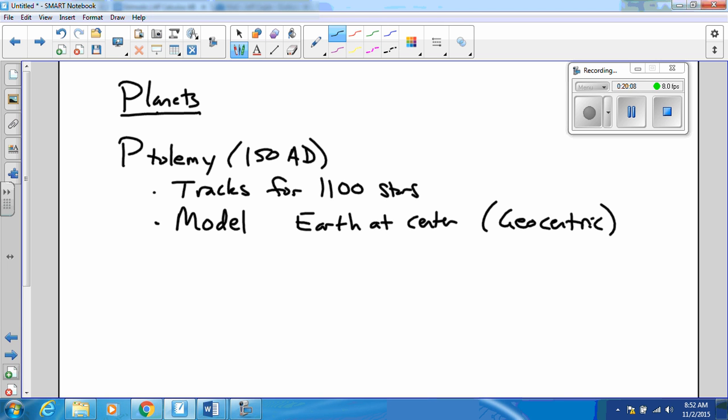And the way that Ptolemy did it is that he has all of the objects in cycles, in other words, periodic rotations, and he has the planets with epicycles, cycles upon cycles.